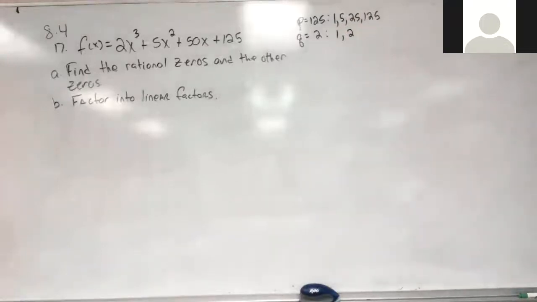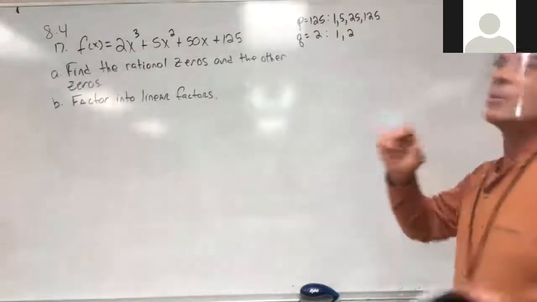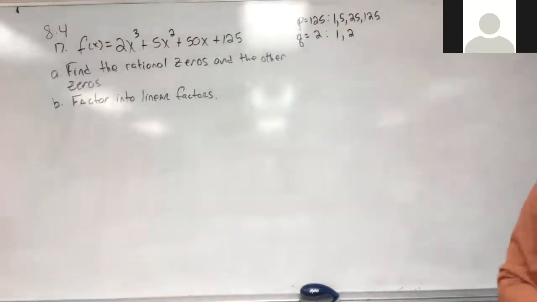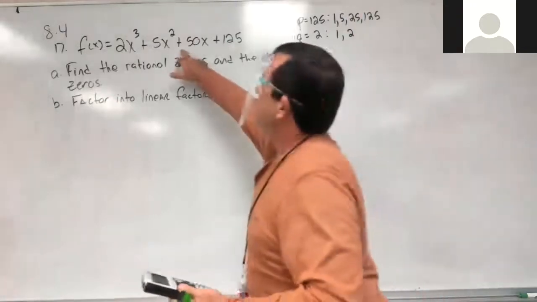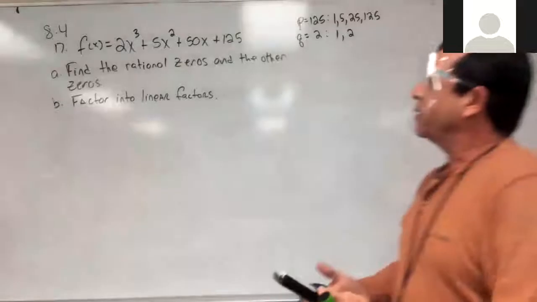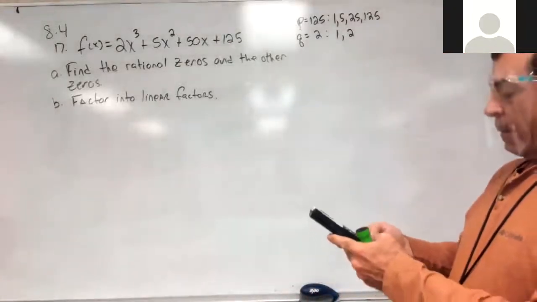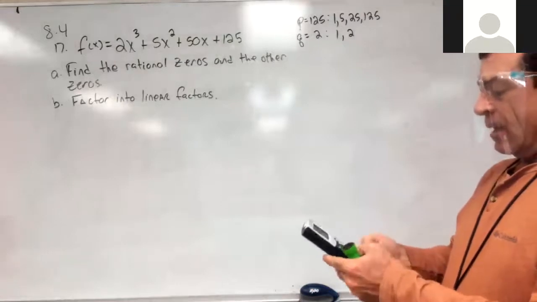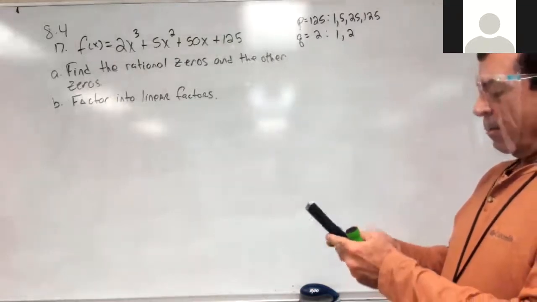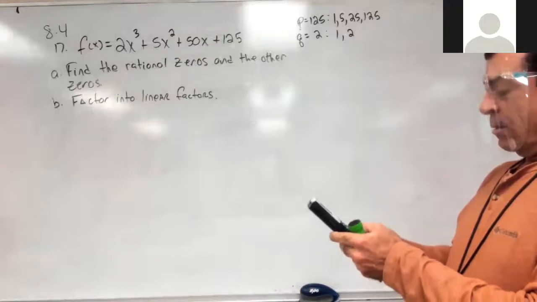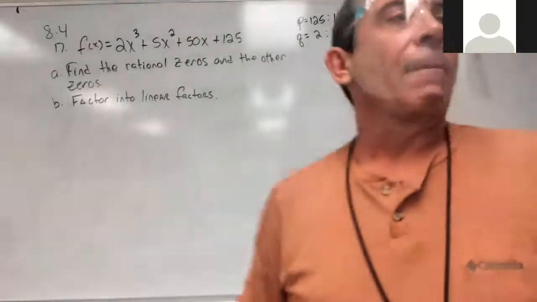So graph that on your calculator. I wish I had a TV in here where I could play my calculator for y'all. But I'm just going to graph this just to see what it looks like. So I got 2x to the third plus 5x squared plus 50x plus 125.